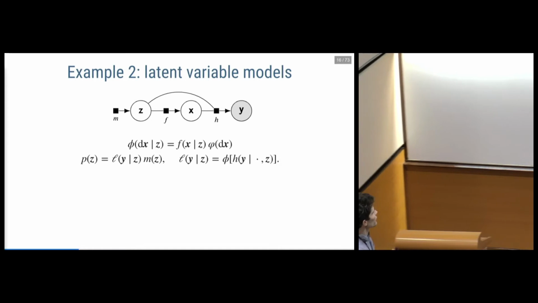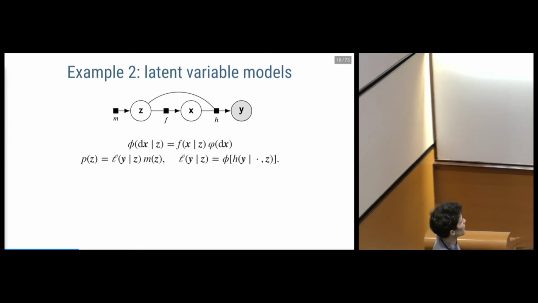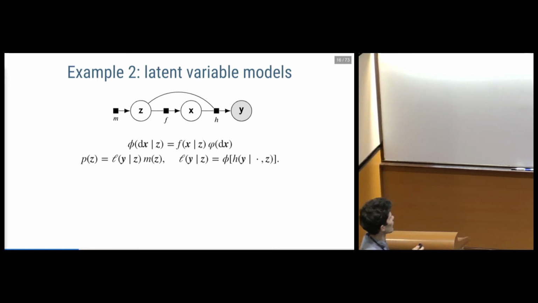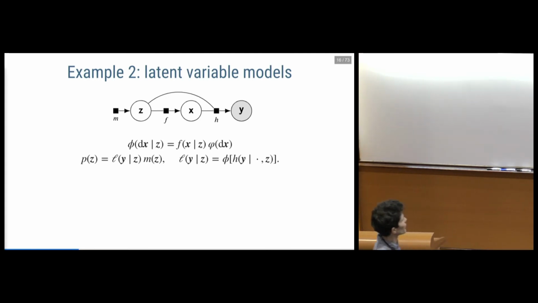And what we'd like to do is evaluate this marginal posterior on our z variables, which is proportional to the product of the marginal likelihood and some prior on the z variables.